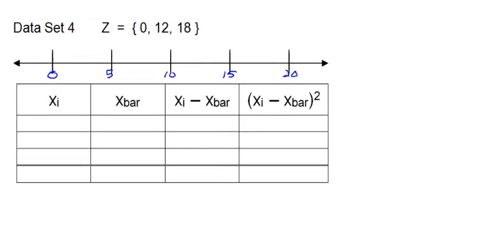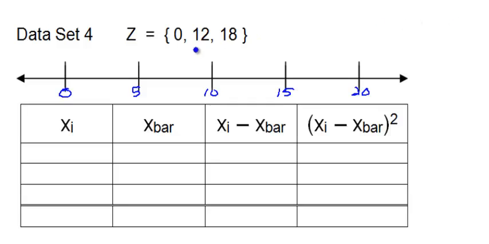This is our last data set. We have the values of 0, 12, and 18. So Dataset 4 has more spread than Dataset 3, so we expect the standard deviation to be larger.